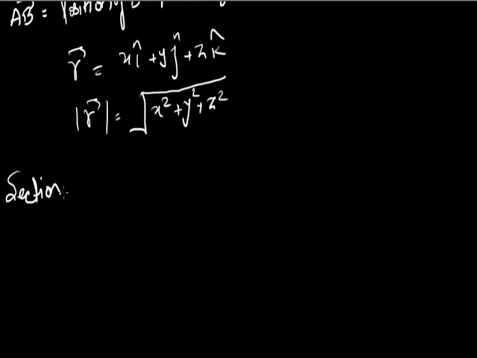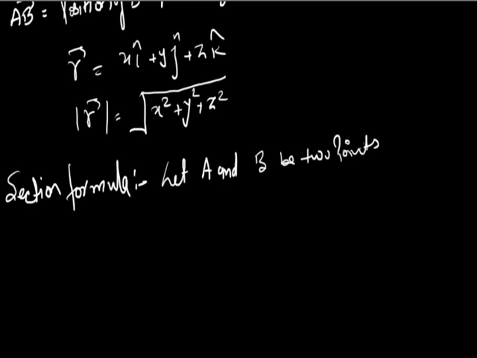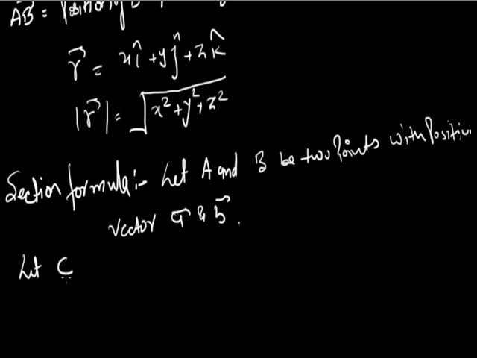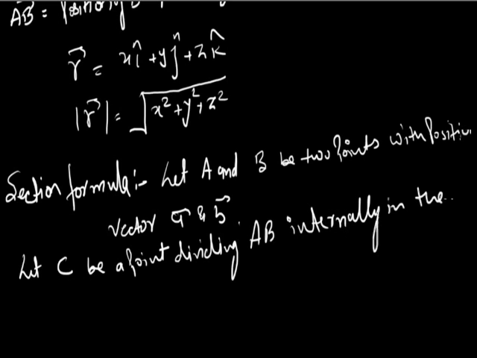Now the section formula. Let A and B be two points with position vectors a vector and b vector. Let C be a point dividing AB internally in the ratio m is to n.